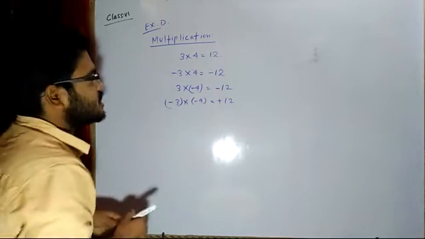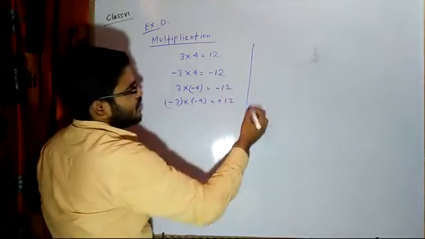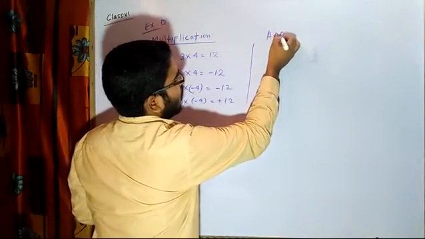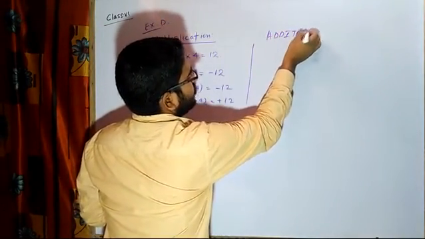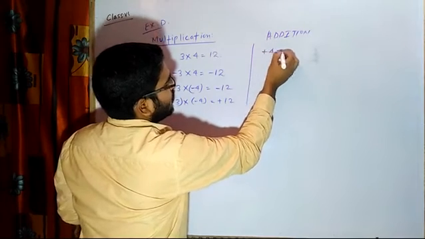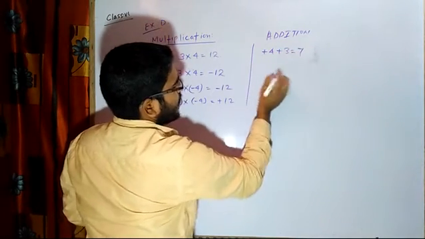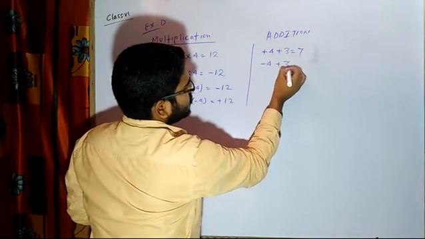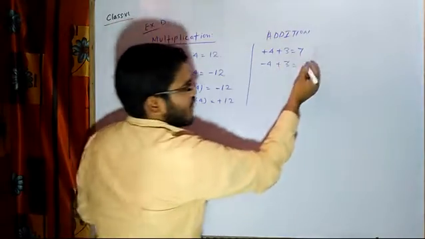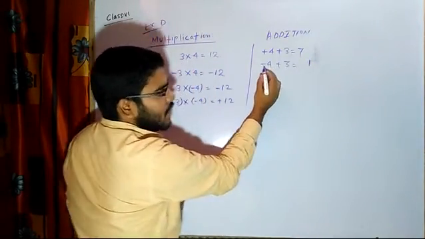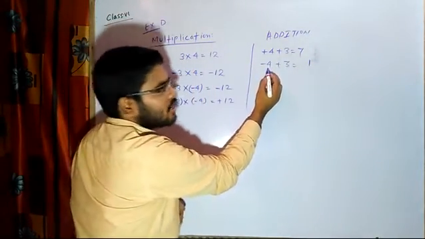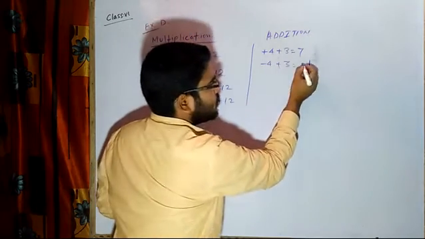Like in case of addition, just to recall, I have told you, plus 4 plus 3 will be equal to 7. Minus 4 plus 3, opposite sign means subtraction, and the sign will be minus, because 4 has the greater magnitude, so minus 1.